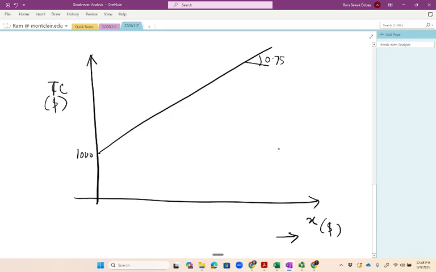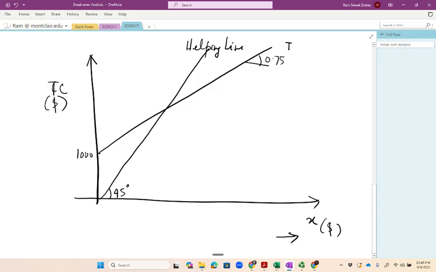And in order to find the break-even point, I will draw a helping line, which is a straight line with 45-degree slope passing through the origin. This is called the helping line. The break-even point is at the point of intersection of these two lines.